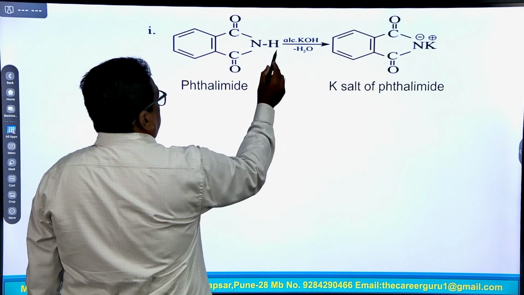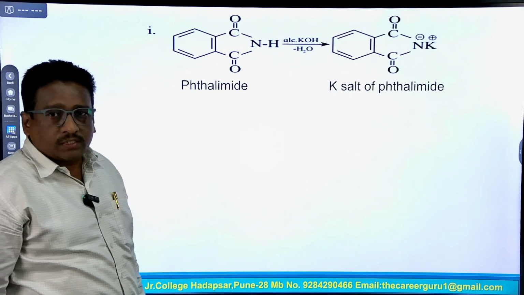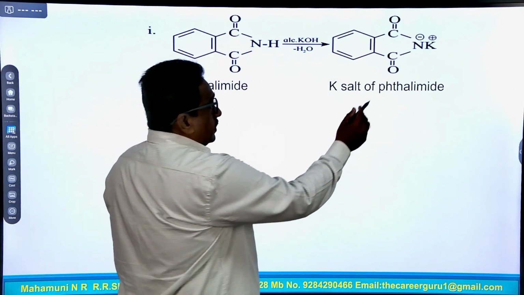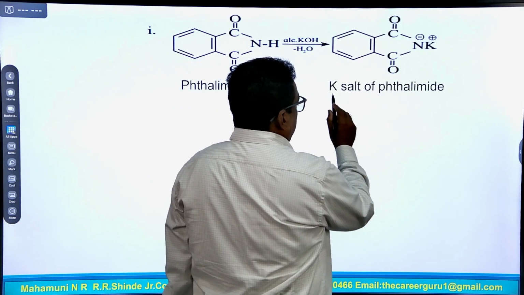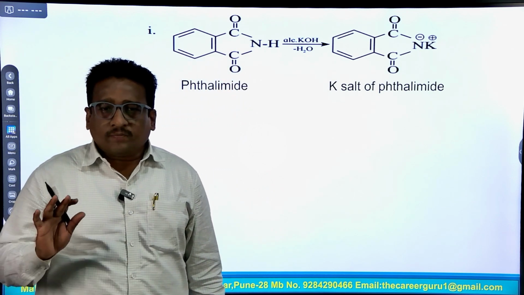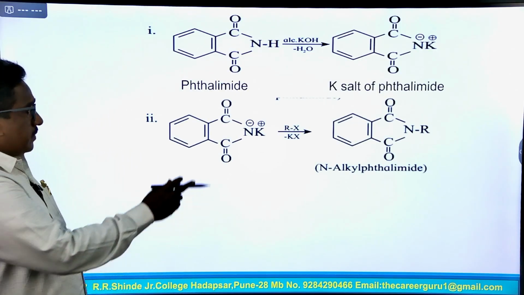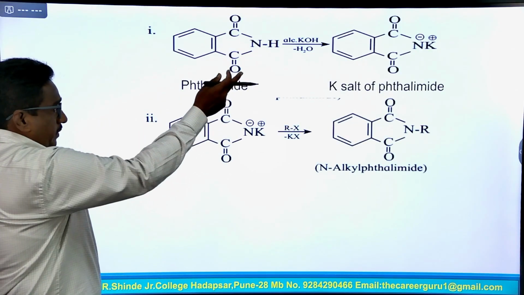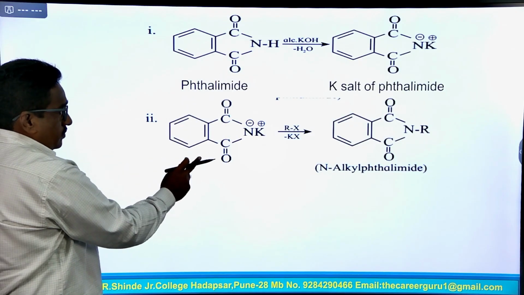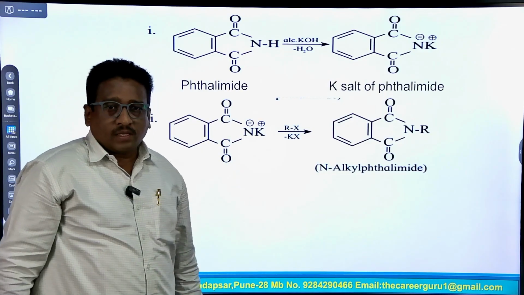The hydrogen atom of phthalimide is replaced by a potassium ion, forming N minus K plus, which is called the potassium salt of phthalimide. So, the first step is the formation of the potassium salt. In the second step, the potassium salt of phthalimide reacts with alkyl halide RX.